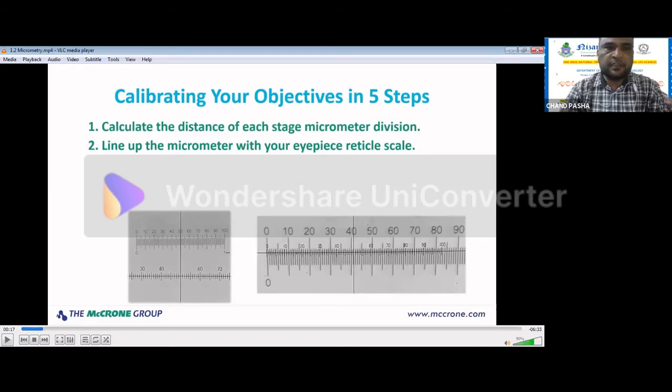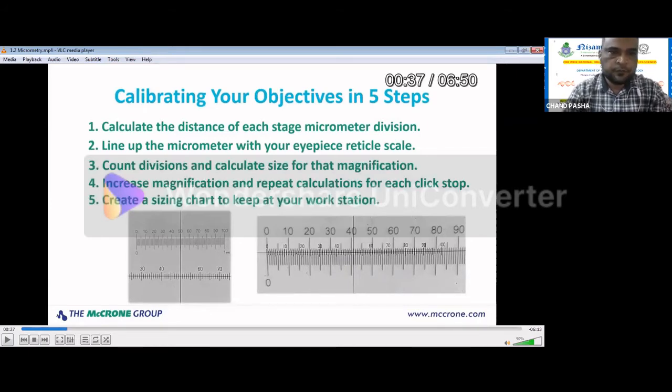The second step is you need to put the stage and ocular micrometers in one reticle scale. Then you need to count, at each magnification, the size of each division in the ocular micrometer. Then you put your bacteria, or whatever object you want to measure, and measure how many divisions it occupies. Then with the calibration factor, you multiply.